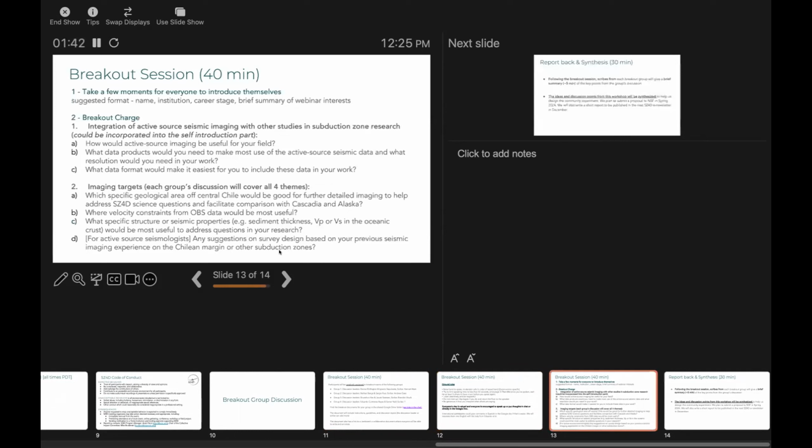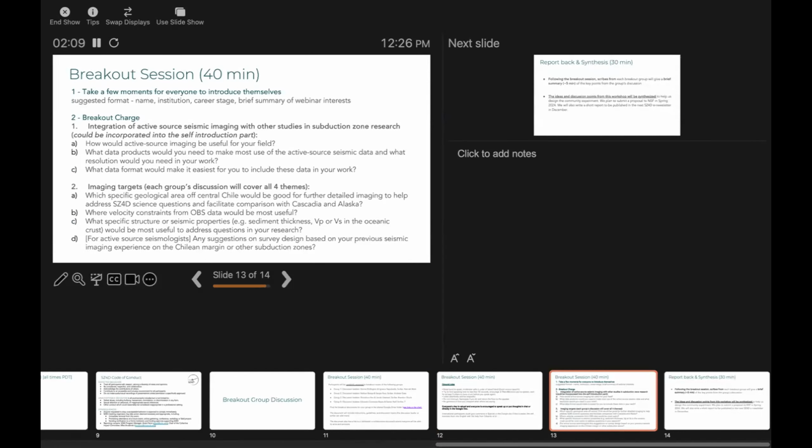For the breakout sessions, this is the original plan, but due to limited time, we may not have time to go around the room to introduce everyone. This is a two-part discussion. One is to follow part 2 of the talk session to discuss the integration of active source seismic imaging with other studies in subduction zone research.